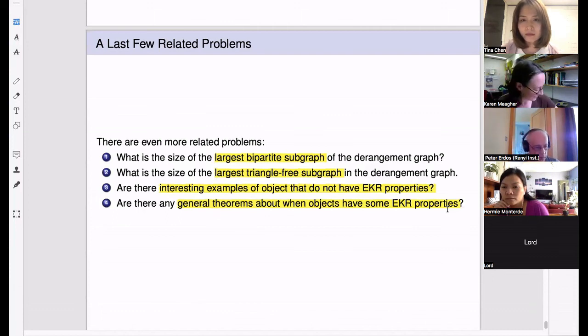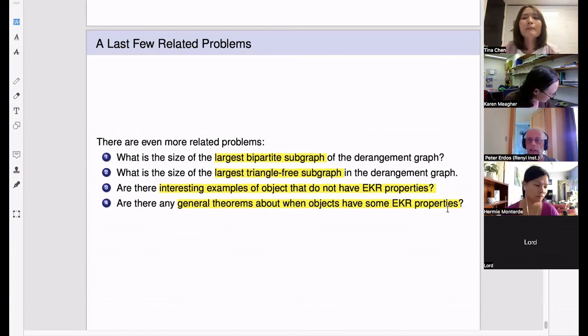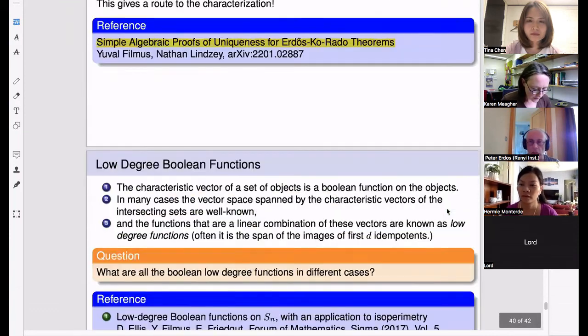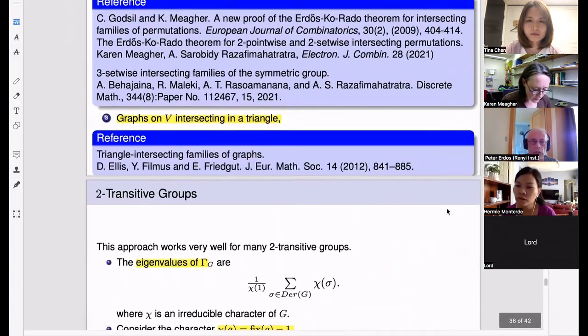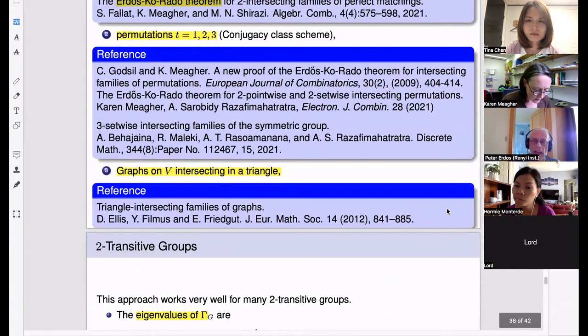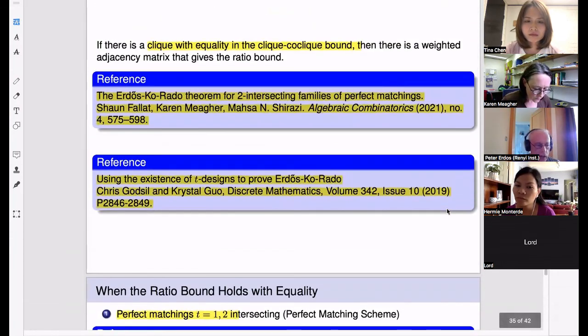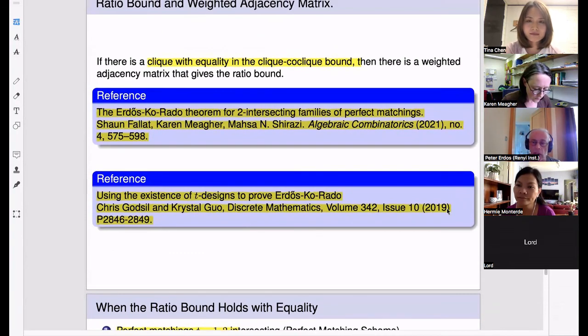One is Karen mentioned the first EKR type problem for graphs, by Holroyd and others, while Simonovits and Sós wrote a series of papers in the early 80s about the question: you are given a graph and you want to find a bunch of triangles such that every pair of the triangles shares an edge.